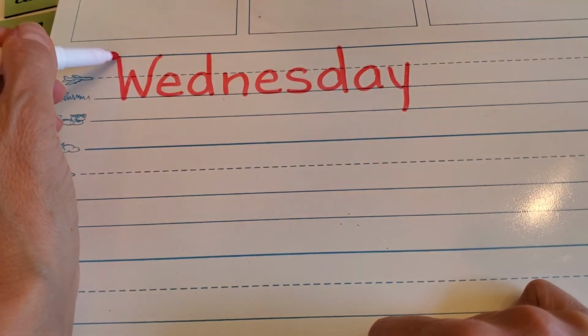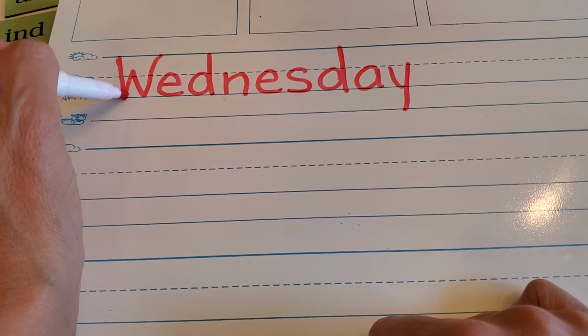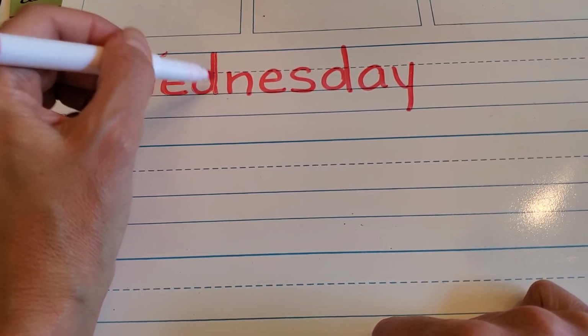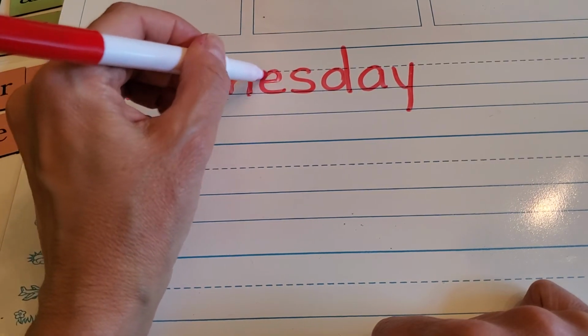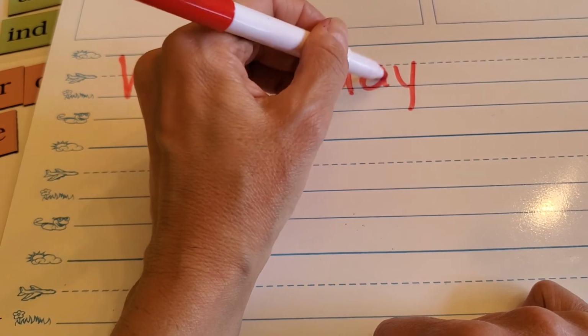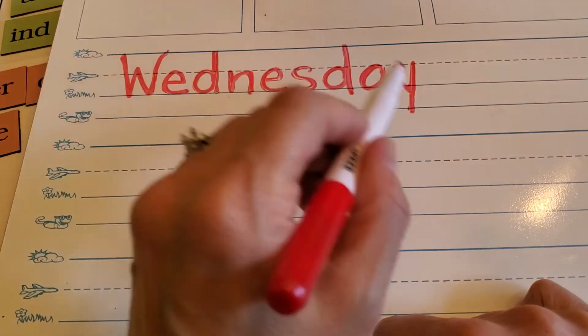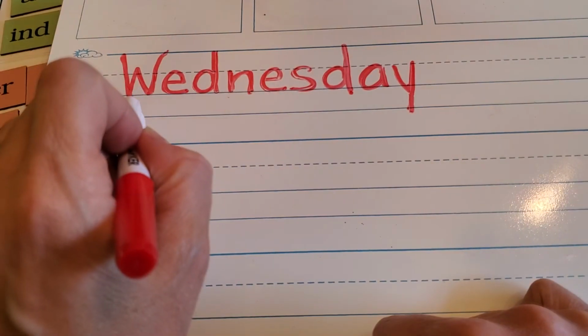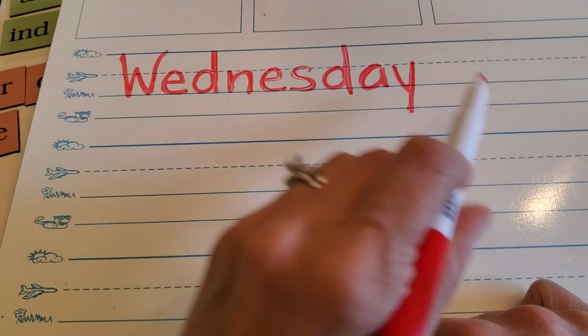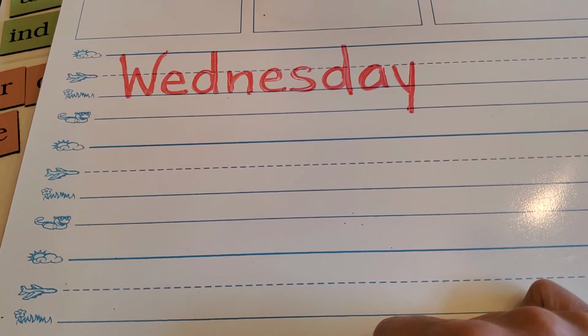Now, while I trace it, please write it with me. W-E-D-N-E-S-D-A-Y. Okay, the day part is easy. I used to remember as a kid, it looks like Wednesday, but it's Wednesday. It's very tricky, so you really have to memorize that one.